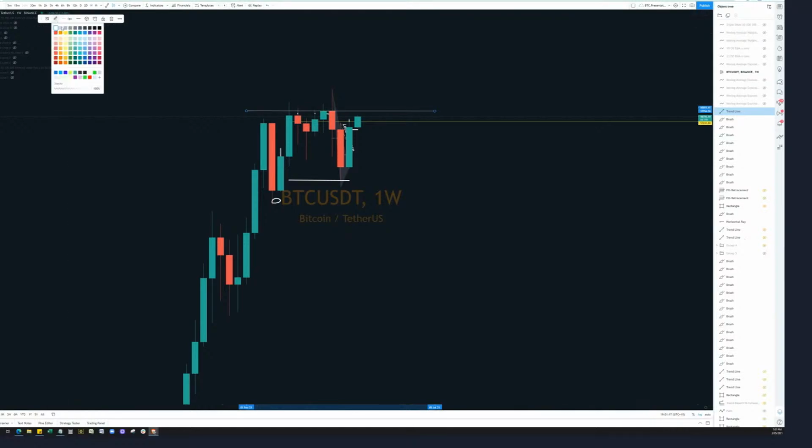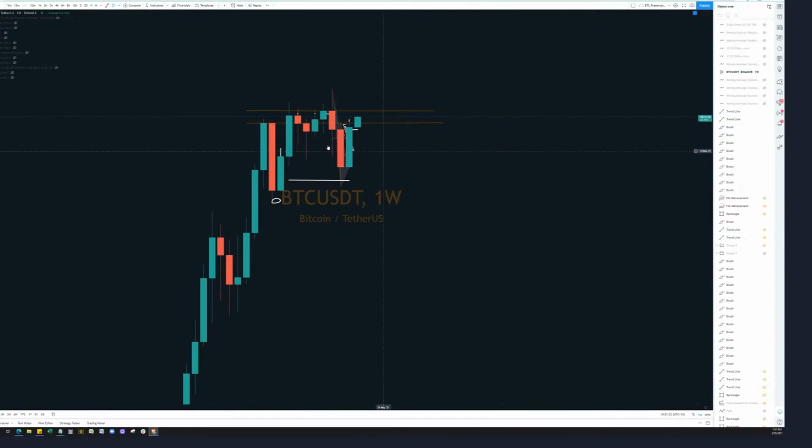All right, what I'm going to do is make it orange so we know it's a weekly level. This body of the candle here is a weekly. Now, I see these two levels as significant. I'll get rid of this one for the time being. Because when price came up, it found this as the main resistance for whatever reason. It's probably the Fibonacci extension, most likely.